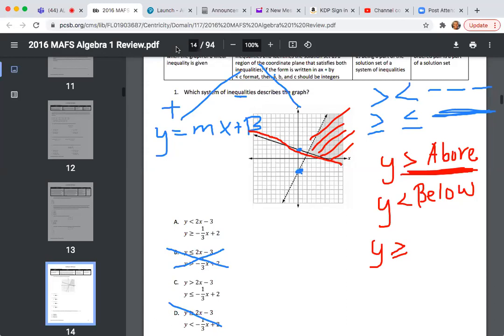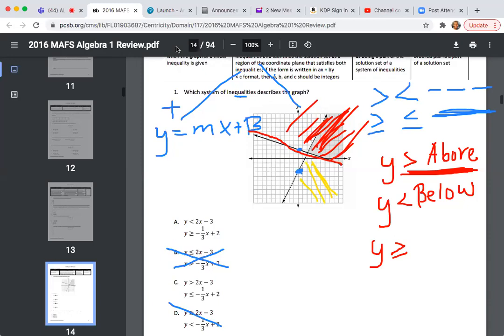So all of this would be above the boundary line. Now, for the other inequality, when y is less than, you're going to shade below the boundary line.